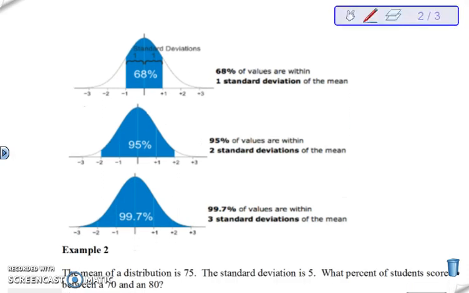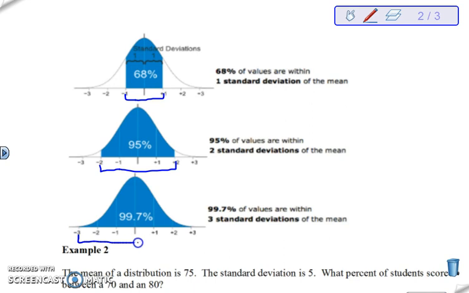We also know that the standard deviation is going to tell us where 68% of the data falls. Right? So 68% of the values will always fall within one standard deviation of the mean. We also notice that if we collect all the data within two standard deviations, that represents 95% of all of our data.